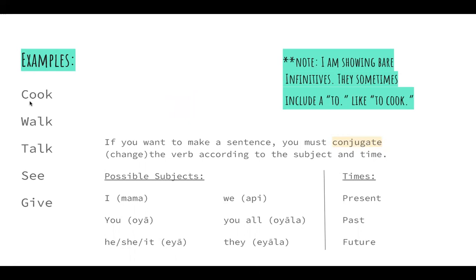But if it's he, you need he cooks, right? In the past, I cooked, you cooked, he, she, it cooked, we cooked, you all cooked, they cooked. In the future, I will cook. We will cook. Just like that. Follow these rules.